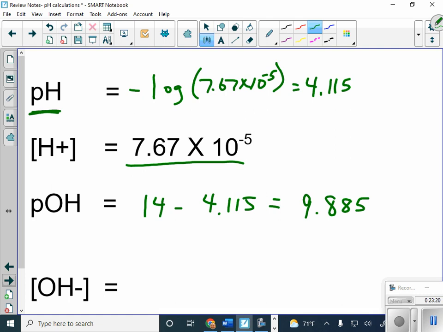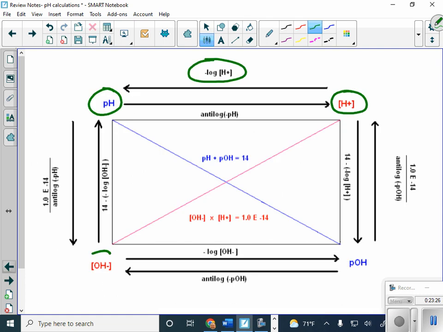And then finally, my hydroxide ion concentration. I'm trying to find that. I'm going to find that from this. So I'm going to use the anti-log of the negative pOH.